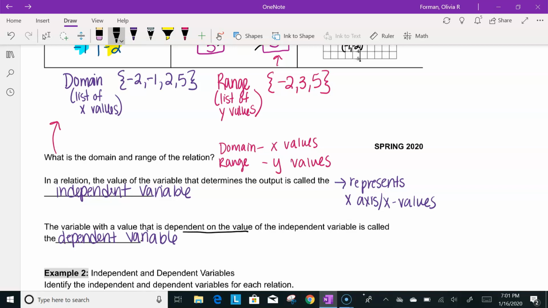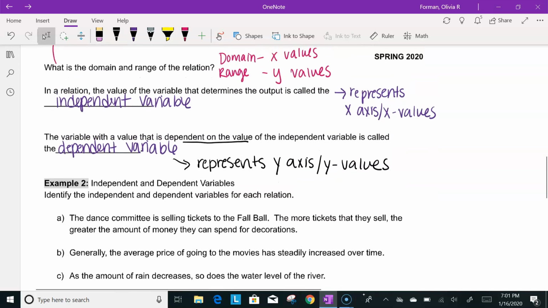So whatever the independent variable changes, it affects the dependent variable. The dependent variable represents the y-axis or y values. Okay, so like on a graph, the dependent variable would be represented on the x-axis.